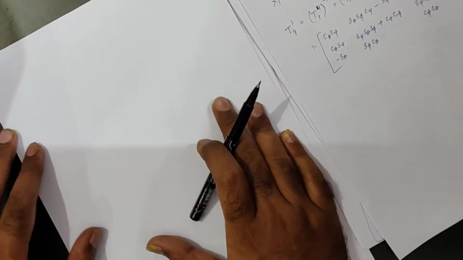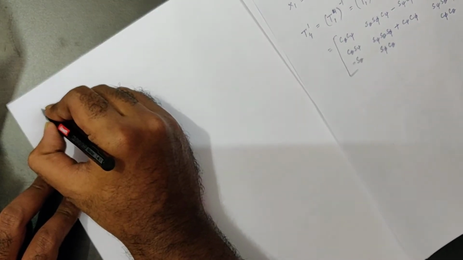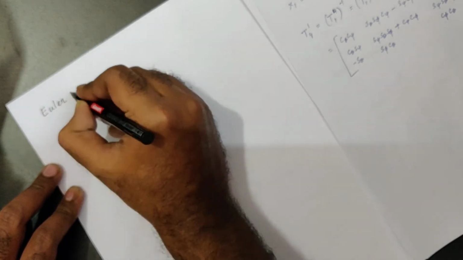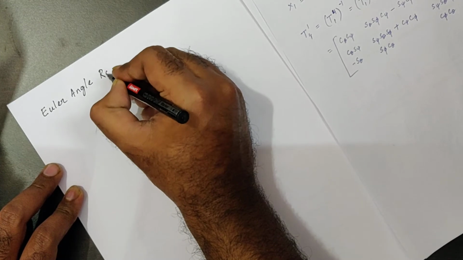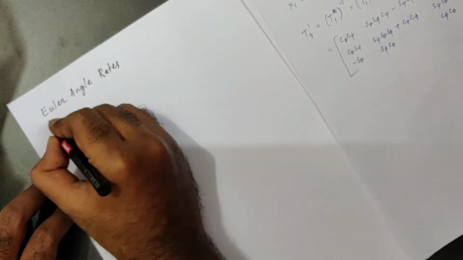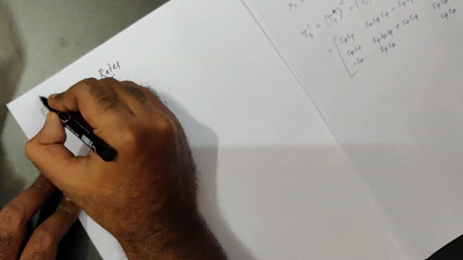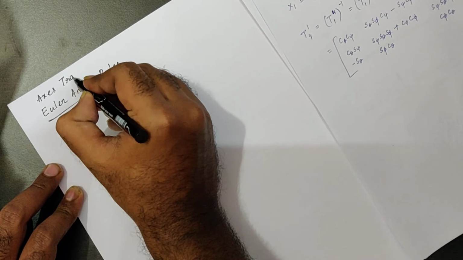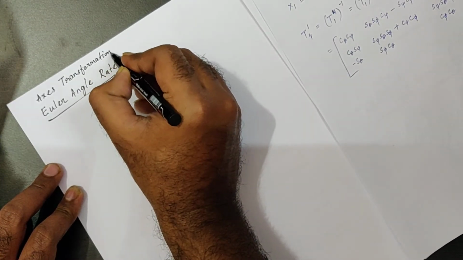So today's topic is Euler angle rates. Okay, so this is a part of the axis transformations.